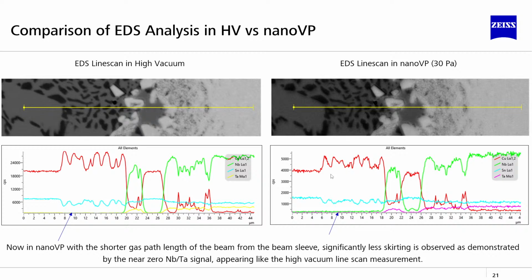If you put in the NanoVP, you get rid of that line completely. It's down at 0, and you only see the things that you need to see. So it's very beneficial for doing EDS as well. So both imaging and EDS benefit from the NanoVP, especially on imaging of non-conductive samples.